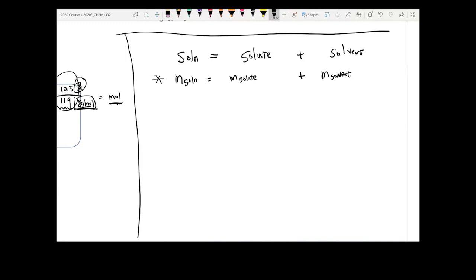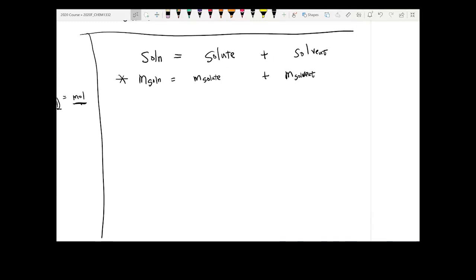And then we also know the number of moles of your solute and solvent can always be calculated as the mass of your solute or solvent divided by the molecular weight of your solute or solvent, where the molecular weight is obtained from your periodic table.